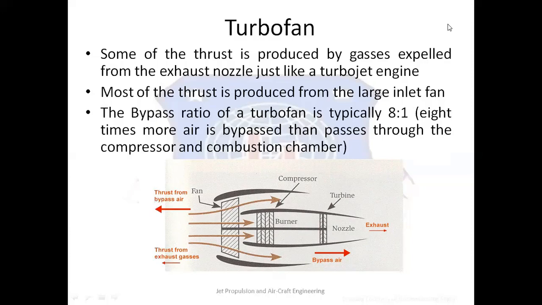So air from the atmosphere which is entering into the turbofan engine employs a low pressure ducted fan, and air after passing through the fan is divided into two streams, namely primary air and the secondary air. The primary air flows through the turbofan engine consisting of compressor, combustion chamber, turbine and exhaust nozzles.